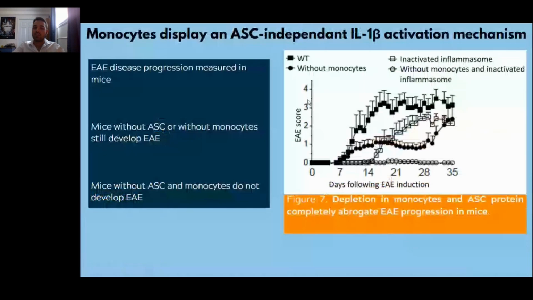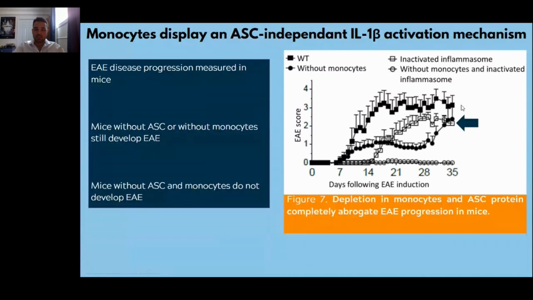Here we induce EAE disease in mice lacking the adaptor protein ASC. We have the clinical scoring of EAE at different times following the induction of the disease, and we compared control mice with mice lacking the ASC protein. We can see here that they developed the disease in a similar fashion to control mice.